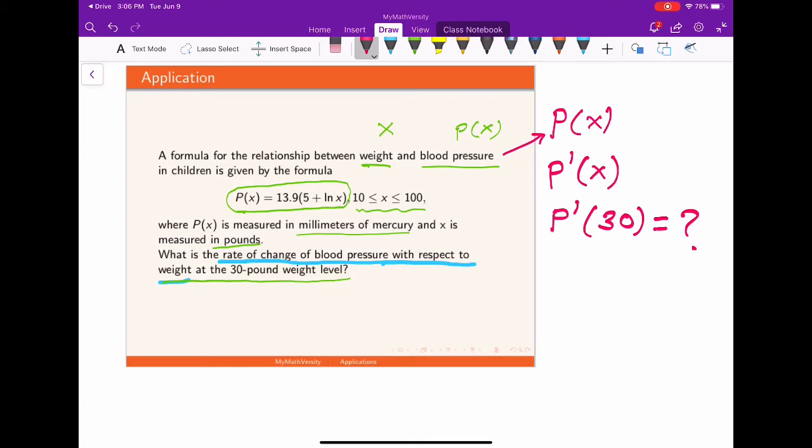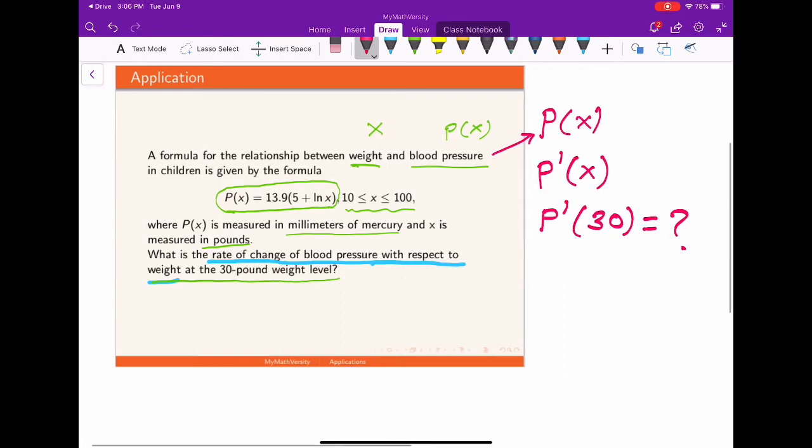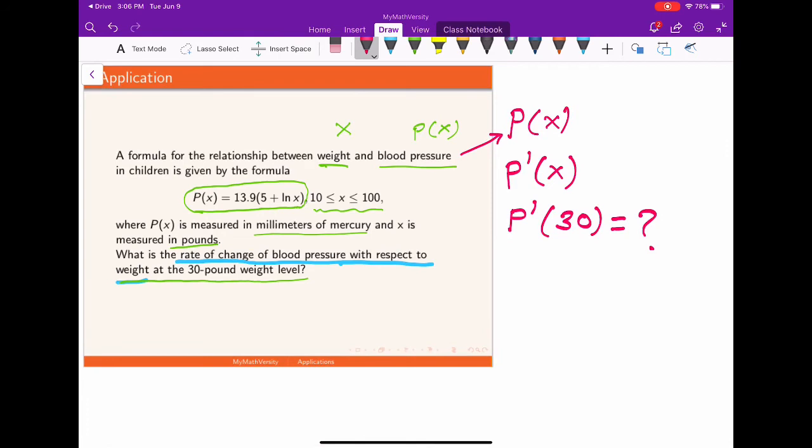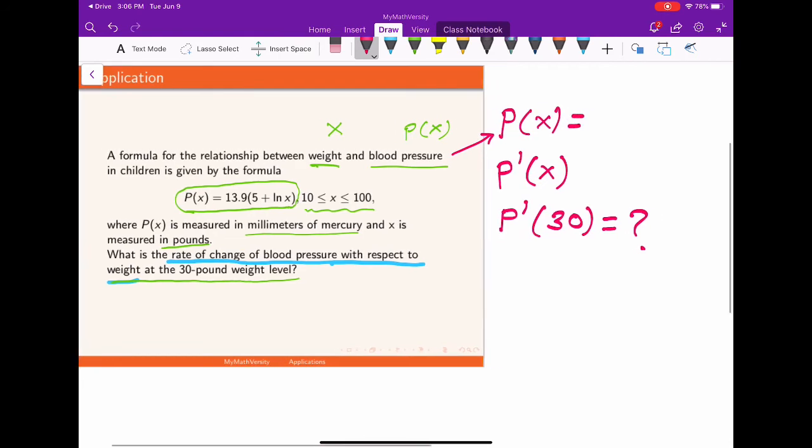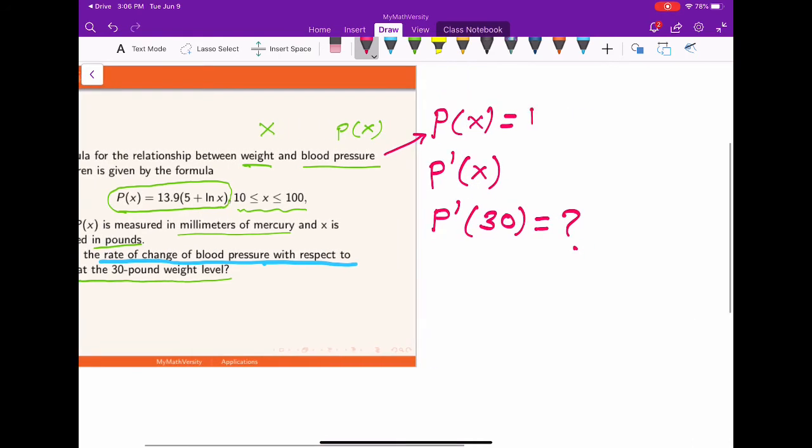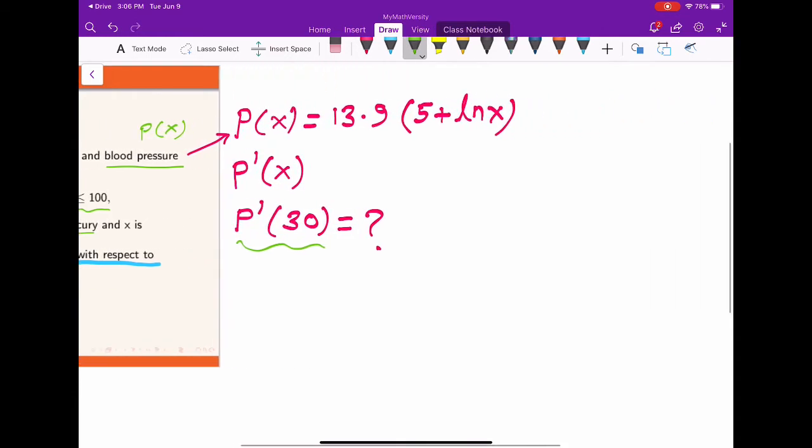When we extract all the necessary information, let's formulate this. We have P of x equal to 13.9 times (5 plus ln of x), and our goal is to find P prime of 30.